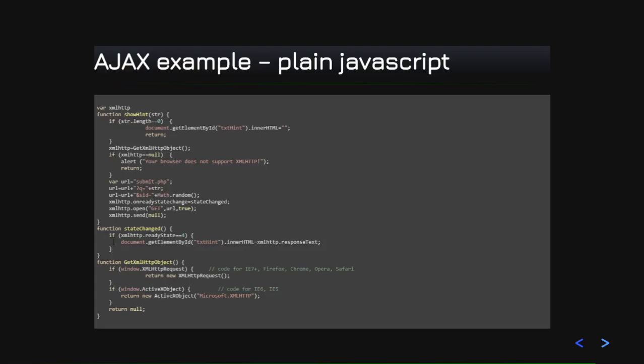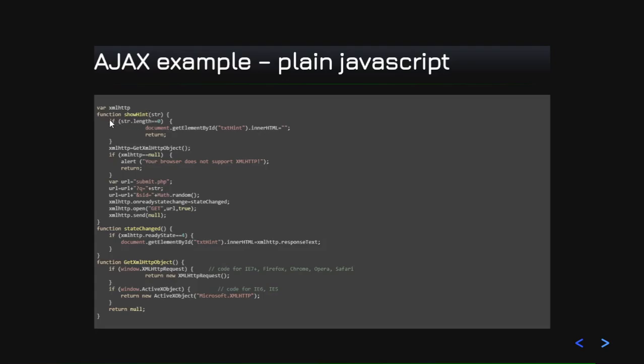So I have here a function that gets a reference to the XML HTTP request. Remember, this is an object from the window object of the browser, so this is implemented by the browser. And I'm calling this function here. This function, show hint, will be called as an event handler for some event, for clicking a button or whatever in the current HTML document.